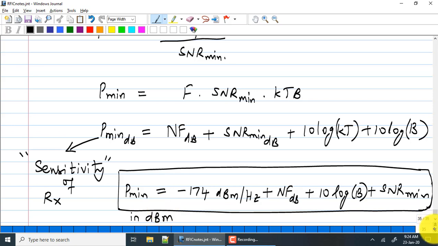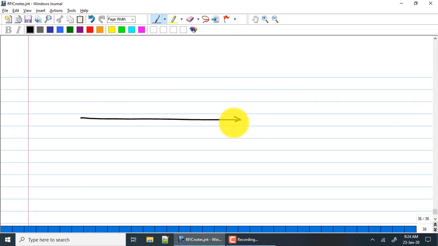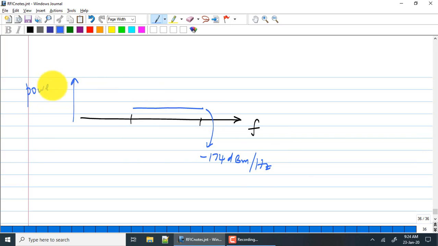So if I were to plot it graphically, so I am interested in this frequency range. Okay, this is power. So minus 174 dBm per Hertz is the input noise floor, the power spectral density noise floor.